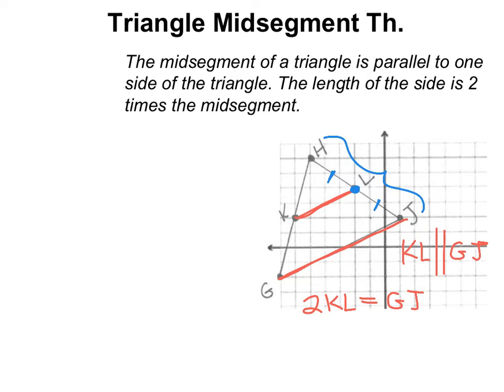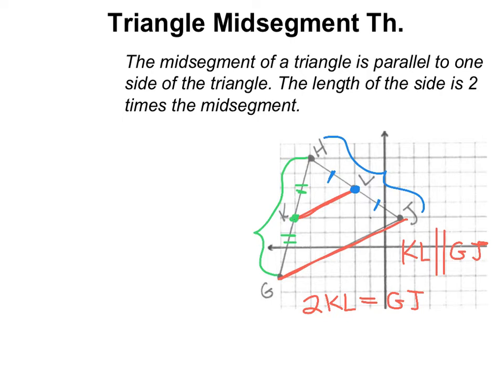We could do the same thing on the other side. For HG, we could calculate the midpoint, and that midpoint would come out to be K, meaning that these two pieces are congruent. So there are some relationships here that we could use in other situations.